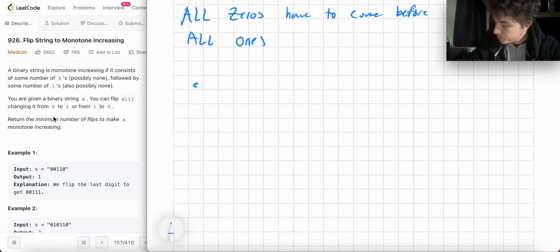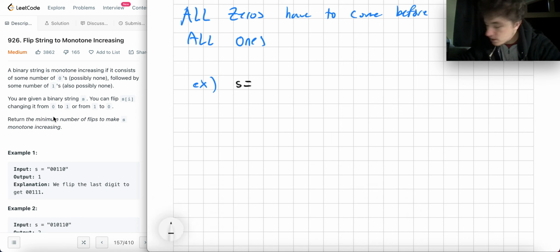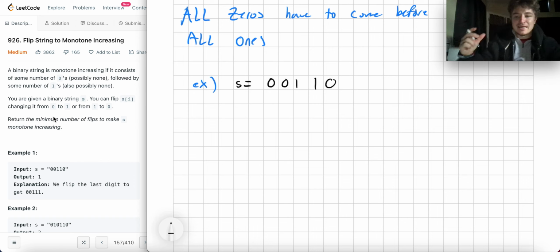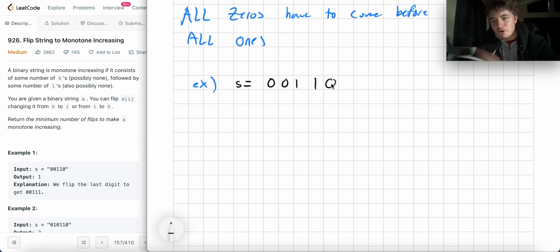So for example, and we'll just do one or two examples here. If we had S equals 0, 0, 1, 1, 0. Note that this is not monotone increasing because all the zeros have to come before all the ones. Is that the case here? Well, no, because this 0 is causing an issue. This 0 doesn't come before all the ones. It comes after all the ones.